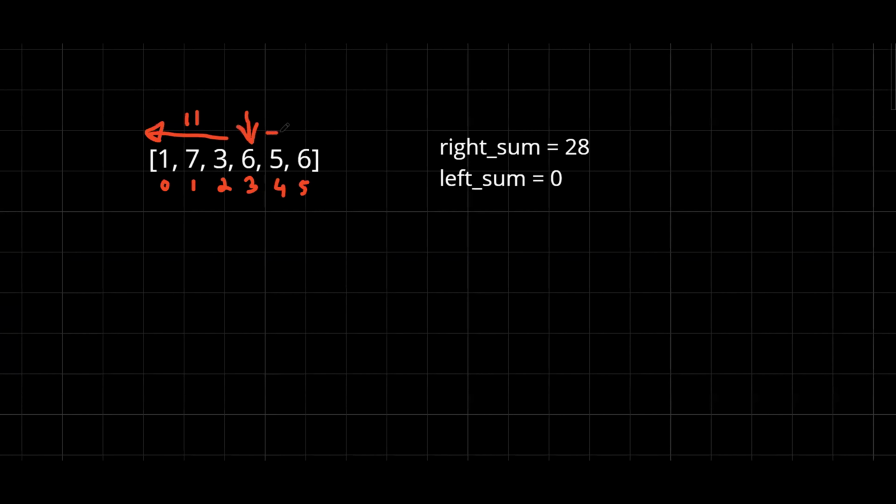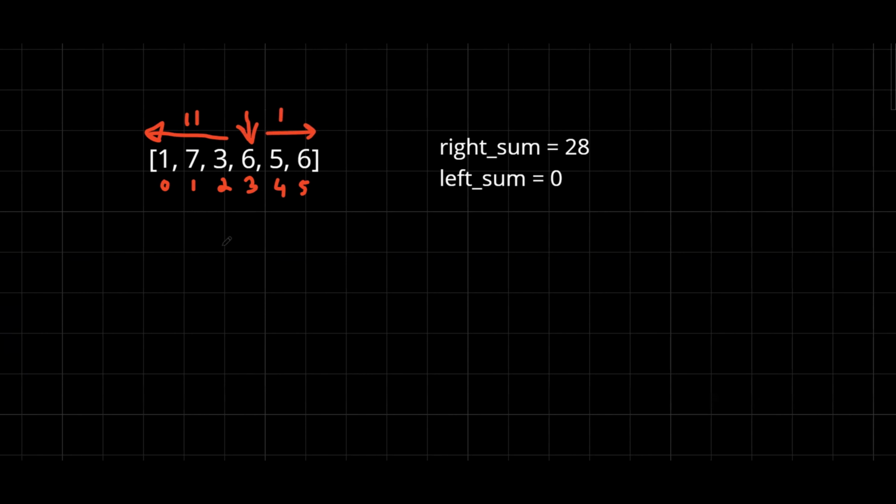And for this element 6, the summation on the right side is 5 plus 6, which is 11. So both of them are the same. 11 is equal to 11. So in this case, we have to return 3, which is the pivot index. I hope you understood the problem now very well. Now let's move on to the detailed explanation of this problem.